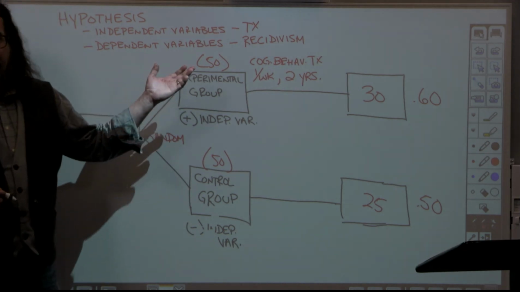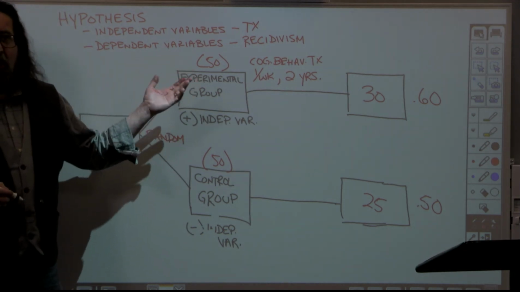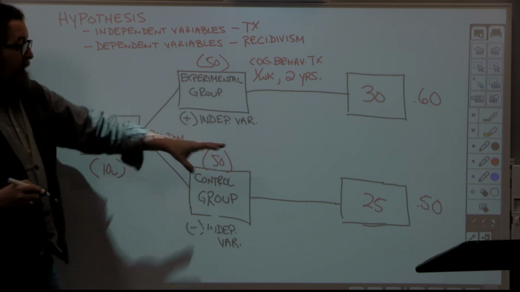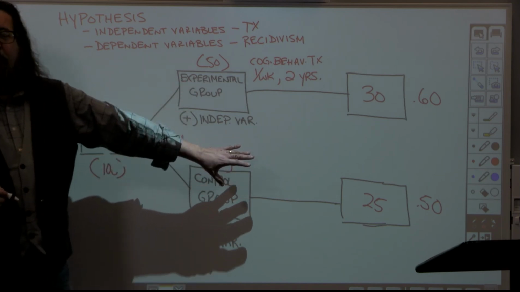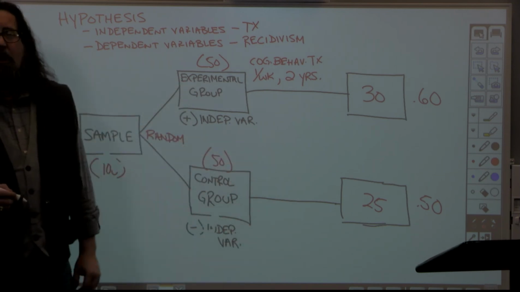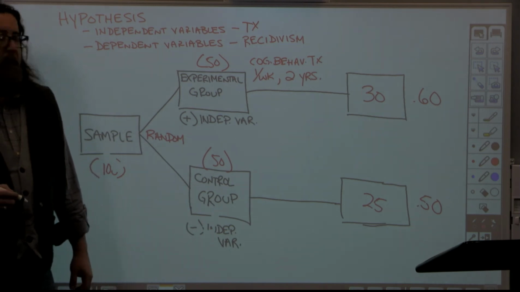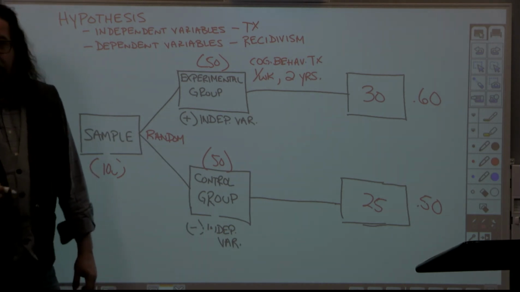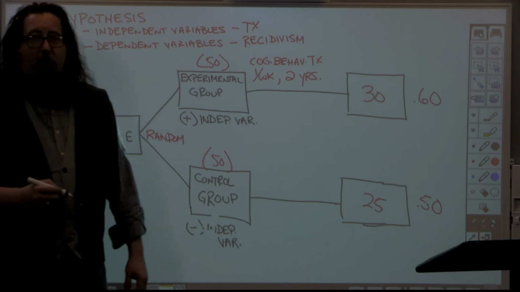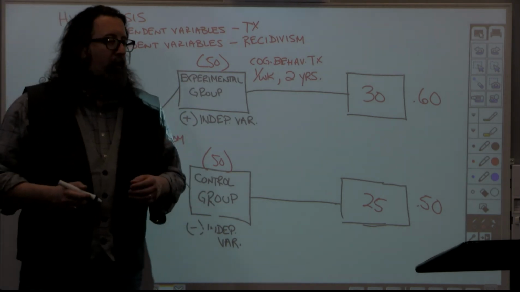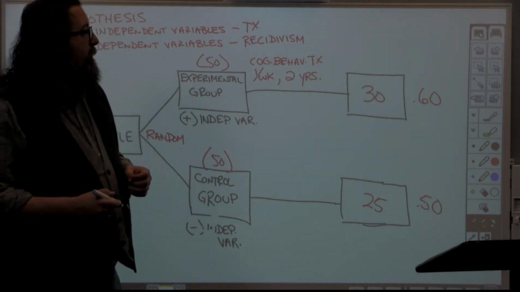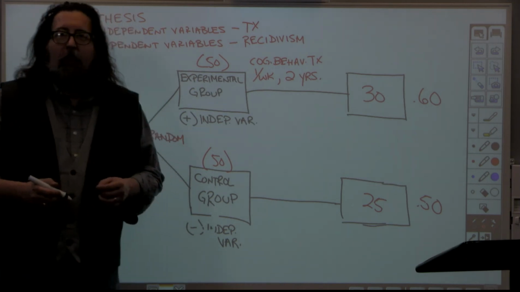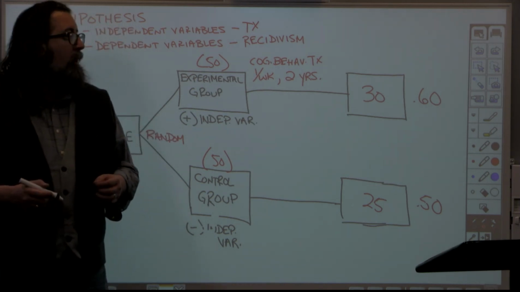Does this support our hypothesis? Once again, no, it does not. But it points out something else. Just because our hypothesis is not supported, does this necessarily mean that our research is useless, invalid? Are we the people doing the research failures in some way? We should give it all up, right? Go home, get a new job, search the want ads.